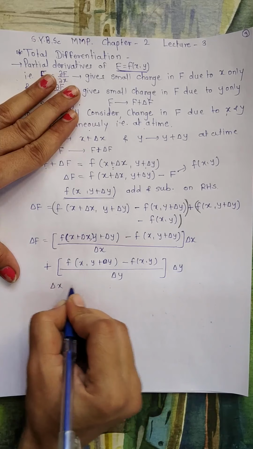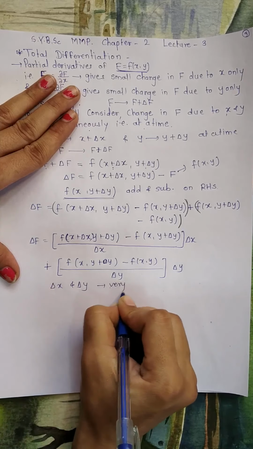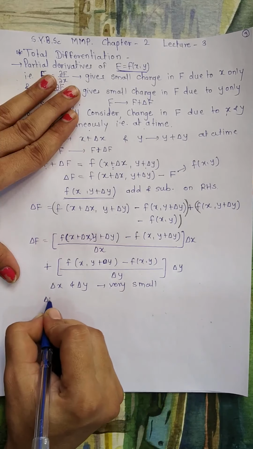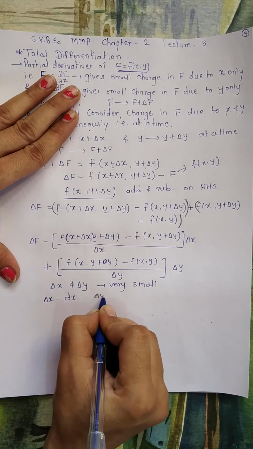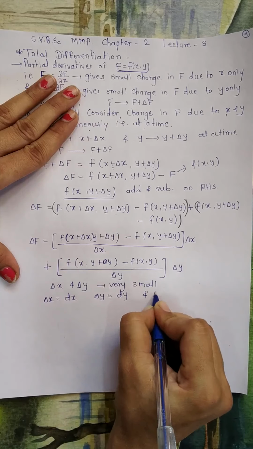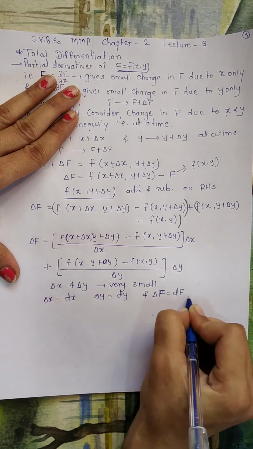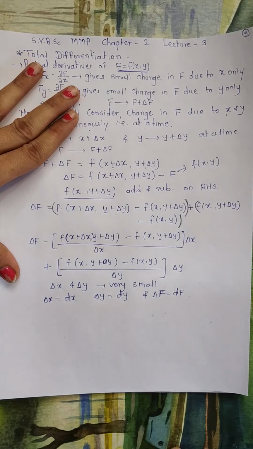So if we consider delta x and delta y very small, instead of delta x I can take it as dx, instead of delta y I will write dy, and simultaneously delta f is written as df since these quantities are very small.